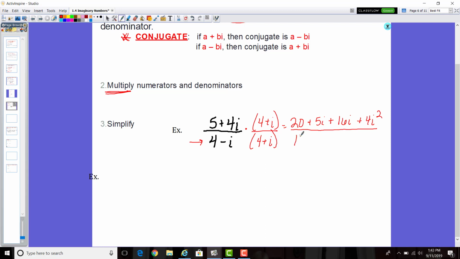On the bottom, we're going to get 16 plus 4i minus 4i minus i squared. Simplify what we can on the top. My i's can combine to be 21i. And positive 4i squared, remember, is 4 times -1, which gives me -4.